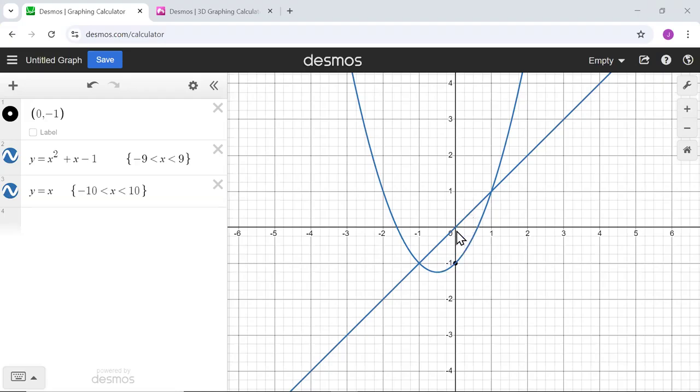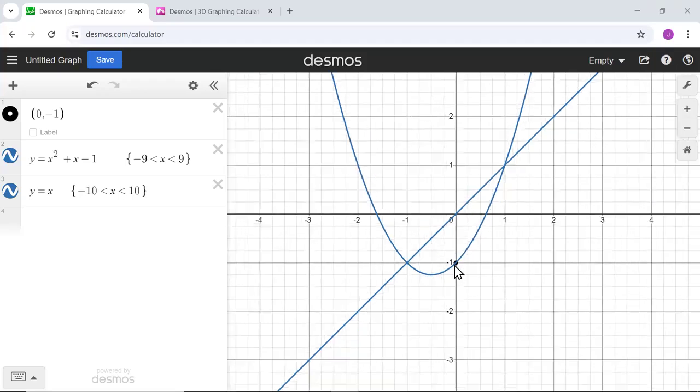So this is the bounded region we're talking about. And you'll notice that the critical point 0, -1, which we already kind of knew was going to be a critical point, is right on my parabola.